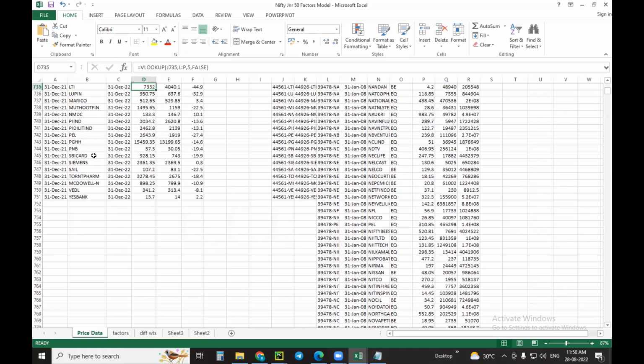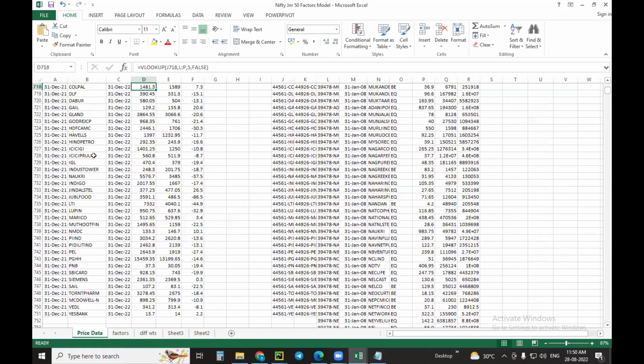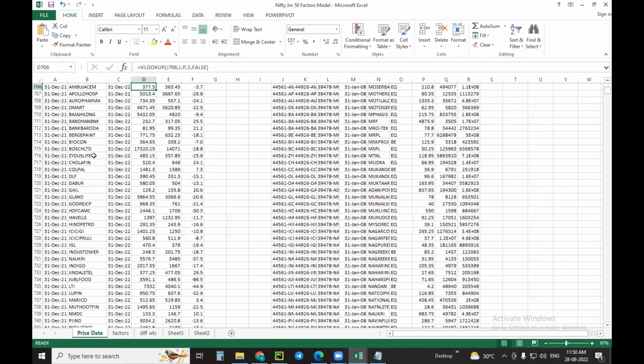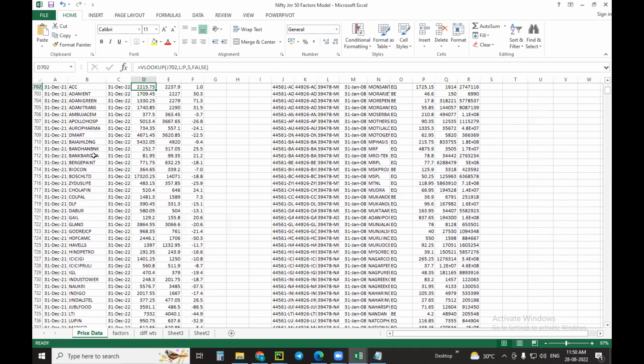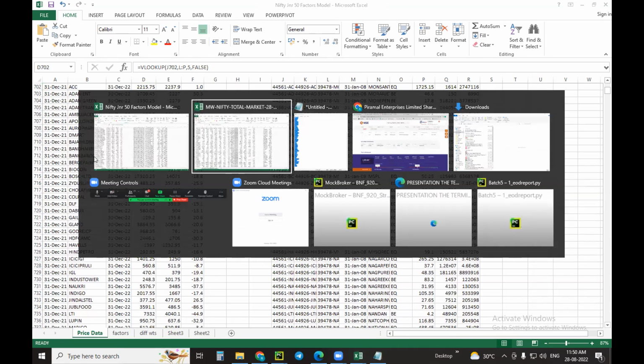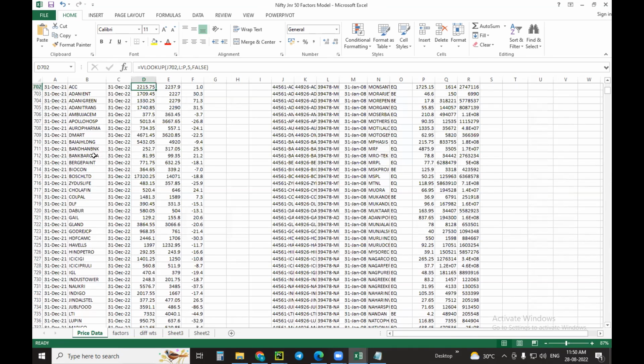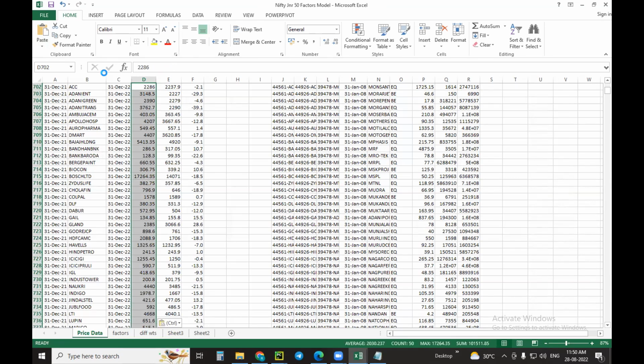In E, you have to paste it. Sorry, you have to paste in E702 onwards. Not there.